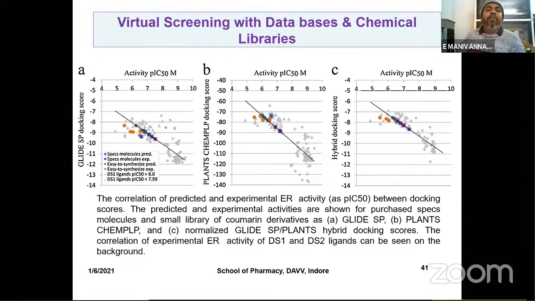Very few molecules were recognized, and their docking scores were also low. So from the screening of millions of compounds, we were able to find only a few compounds from the SPECS library. And we used our in-house library, which contains coumarin molecules.